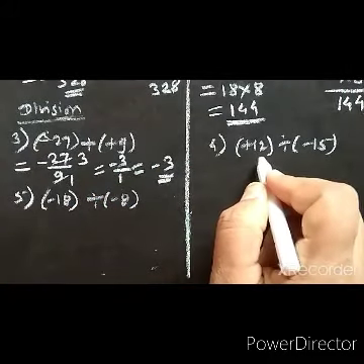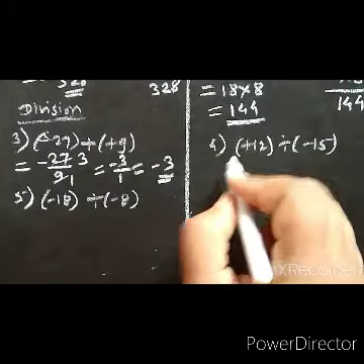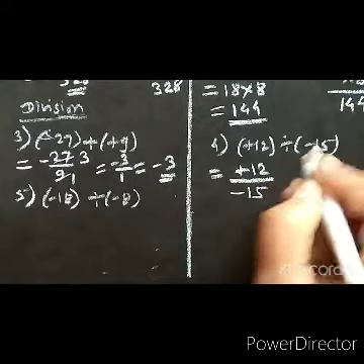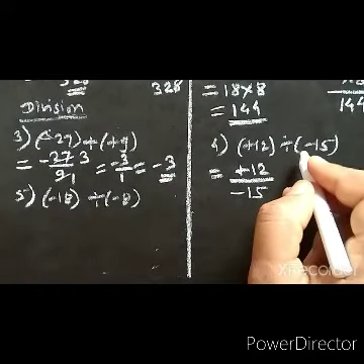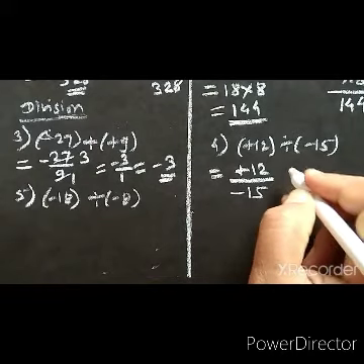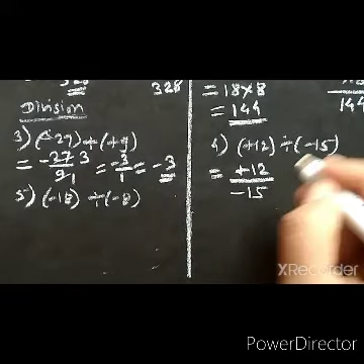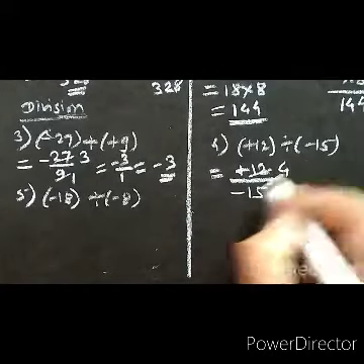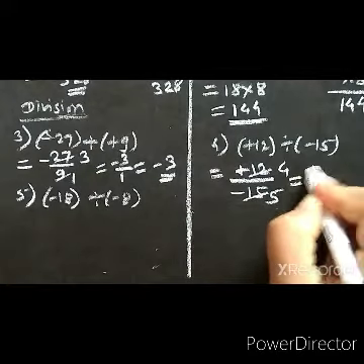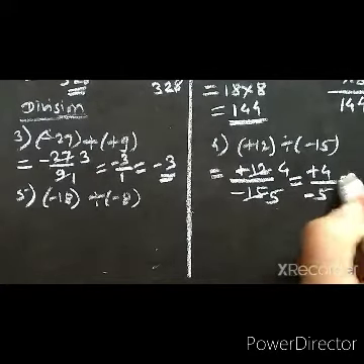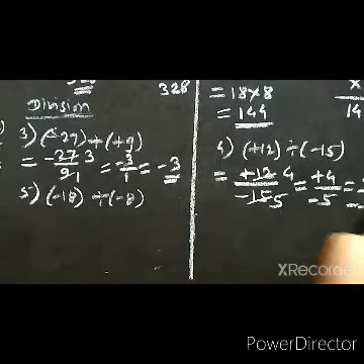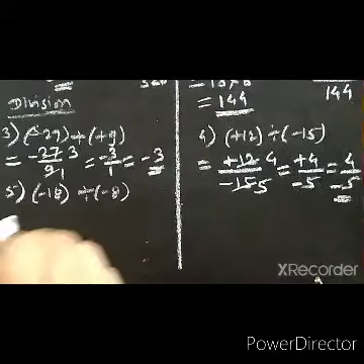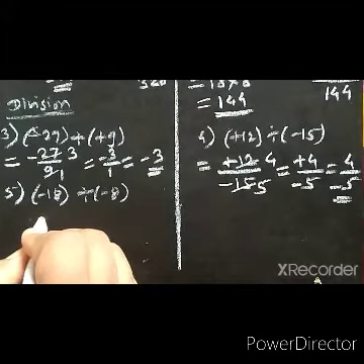Now number 4, plus 12 divided by minus 15. Division of opposite signs, we get a negative integer. Both these numbers are in 3's table. 3 4s are 12, 3 5s are 15. That is, plus 4 divided by minus 5, that is 4 upon minus 5. Next, number 5, minus 18 divided by minus 8.